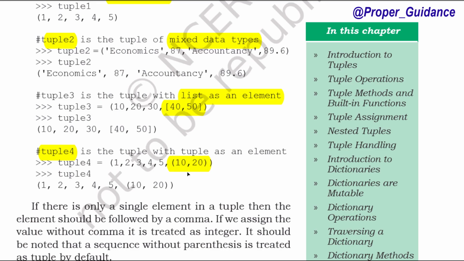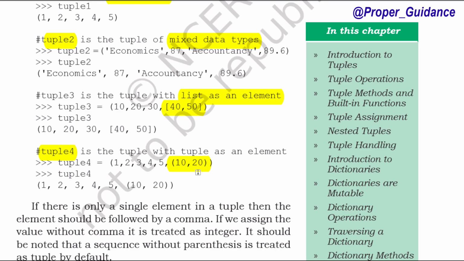So this marked portion, that is 10 and 20, this is a tuple. Why? Because this is enclosed in a parenthesis. If these 2 elements 10 and 20 were enclosed in a square bracket, then we could say that there is a list within the tuple. But here we can see that these 2 elements 10 and 20 are within a parenthesis. That's why we can say that in a tuple there is another tuple as an element.